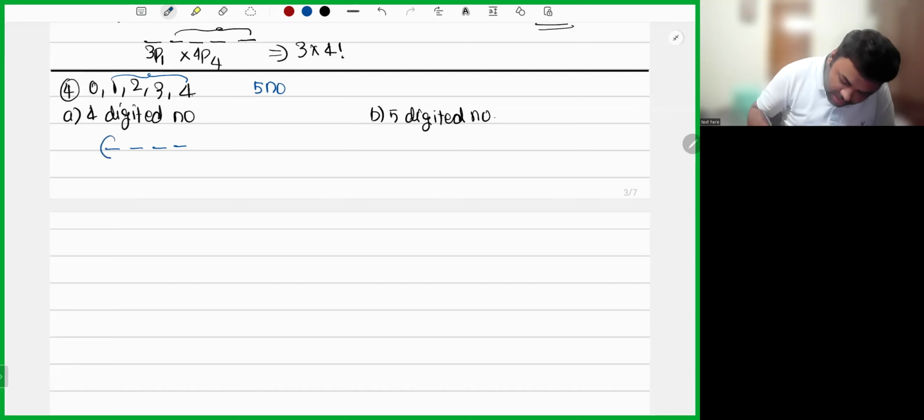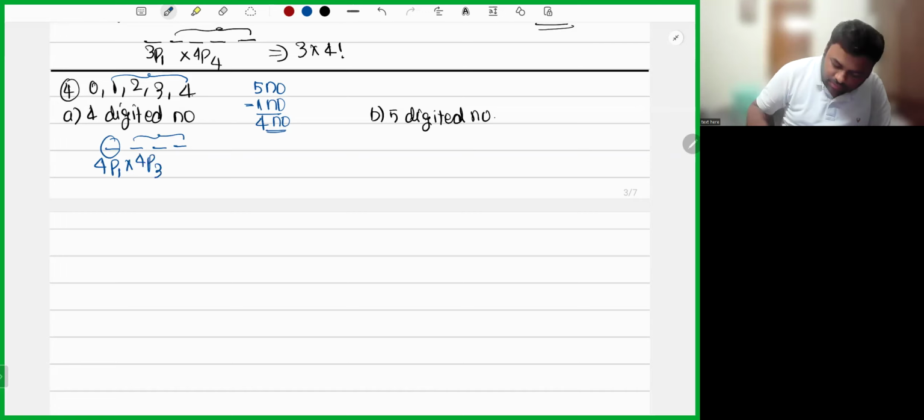Any one number I can place here in 4P1. So, from 5 numbers, one number has taken its position. 4 numbers can be arranged in 3 places in 4P3. So the answer is 4 into 24, which equals 96.